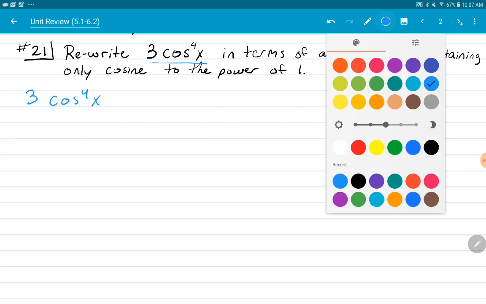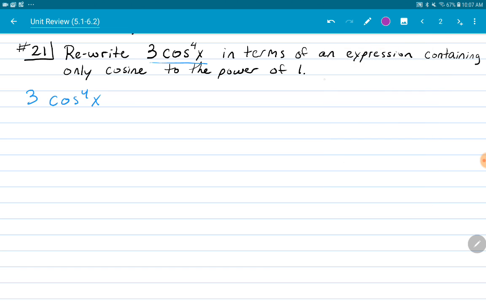And I'm going to use our identity, which is to reduce a power. If I have cosine squared of any angle alpha, I can reduce that power by this formula.